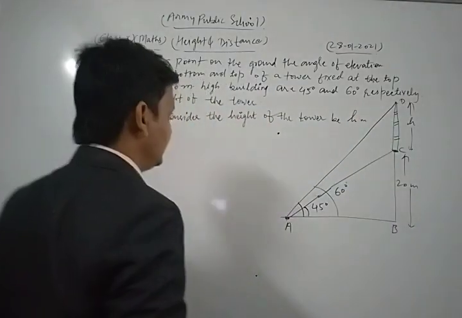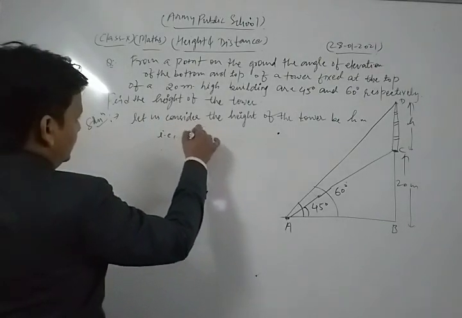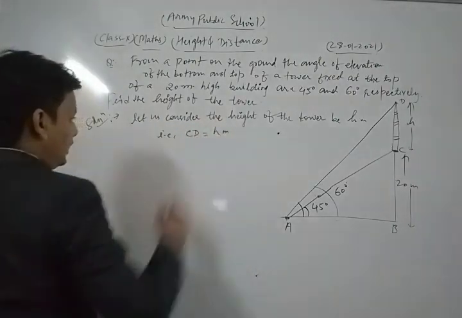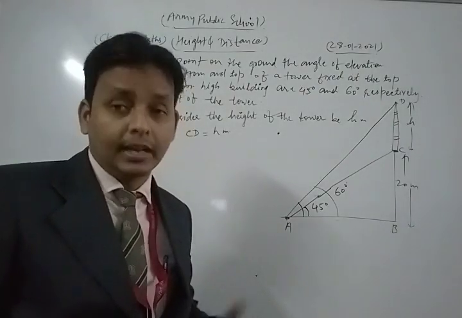That is, CD is equal to h meter. This is the height of the tower.